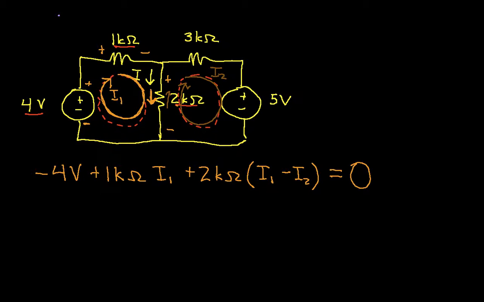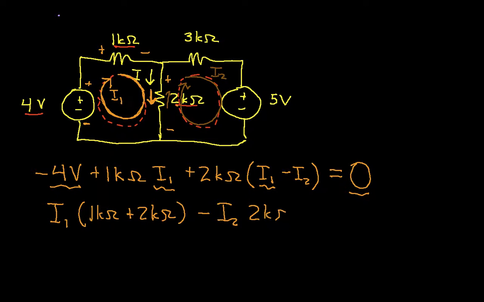And we can rearrange this a little bit. We can factor out an I1 and move the negative 4 volts over to this side. And we then get I1 times (1K ohm plus 2K ohms) minus I2 times 2K ohms is equal to 4 volts.